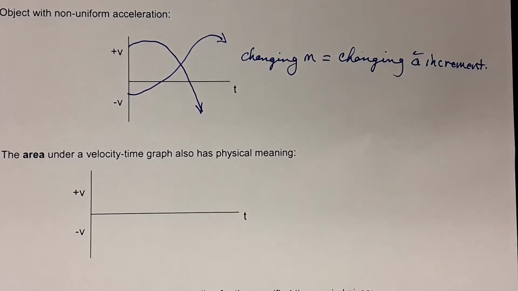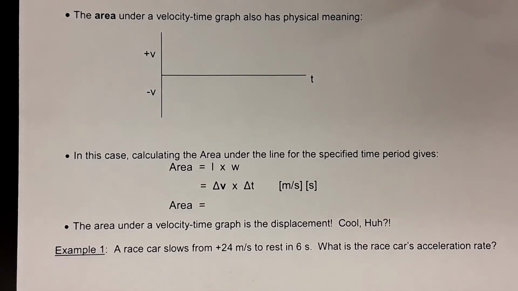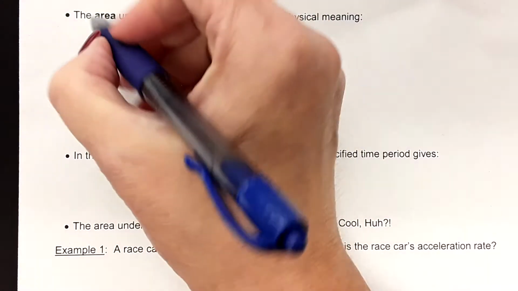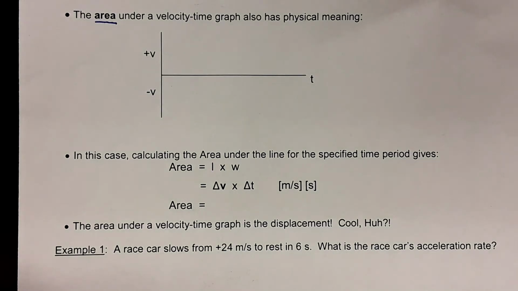All right, now, there is one thing about an acceleration time graph that we need to talk about that is very different from a position time graph. I want to talk about the area between the graph line and the x-axis. Now, on a position time graph, the area has no meaning at all.